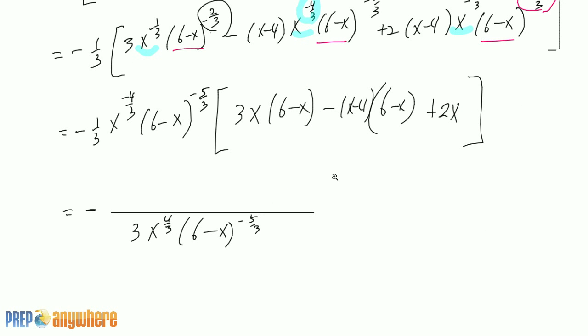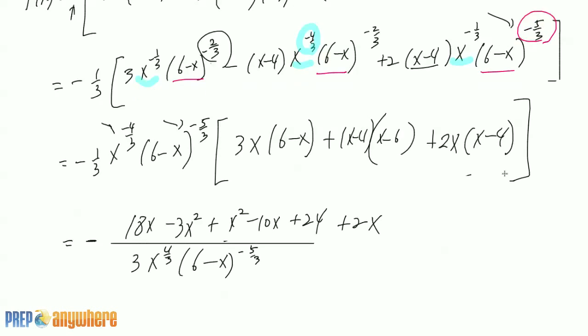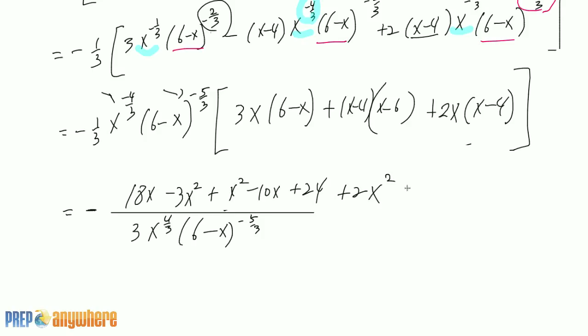So to bring the negative exponent to the bottom, the top expands. I forgot x minus 4 here. So you get 2x squared and minus 8x. So that and these two cancel out.